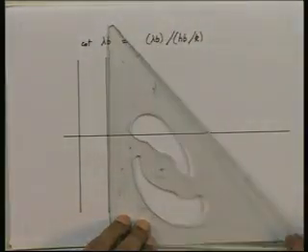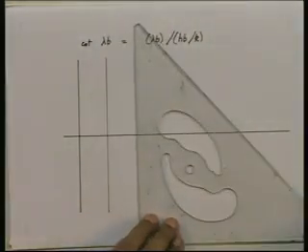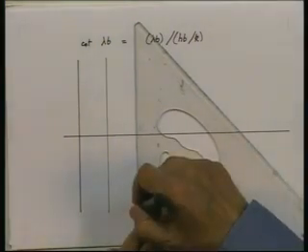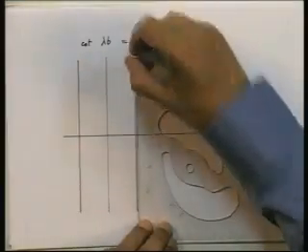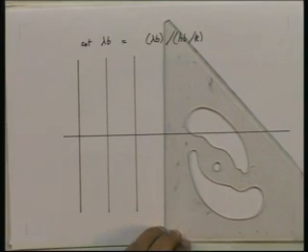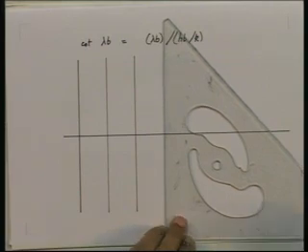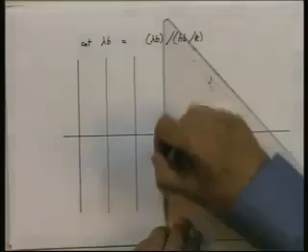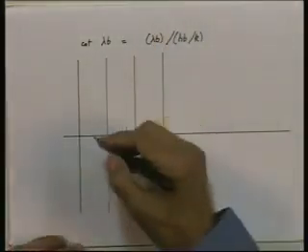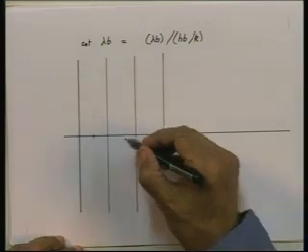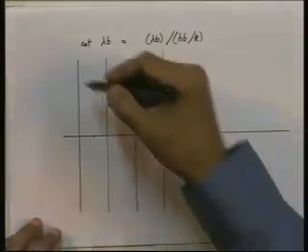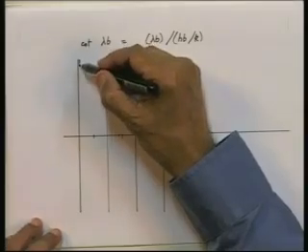The cotangent, if I plot the left hand side, which is nothing but the cotangent, I will get something like this.